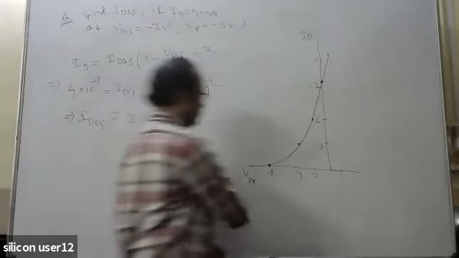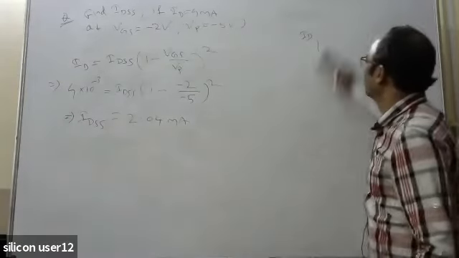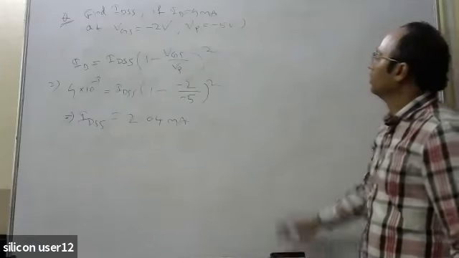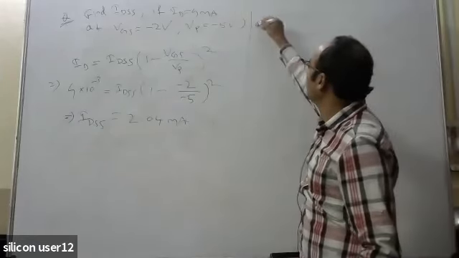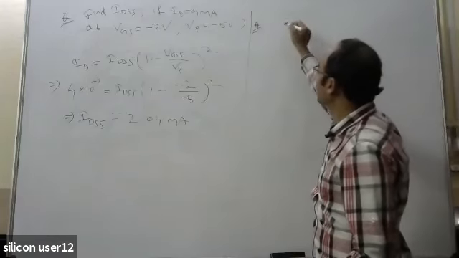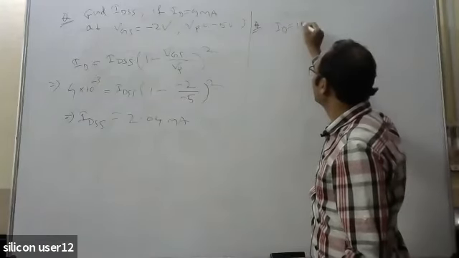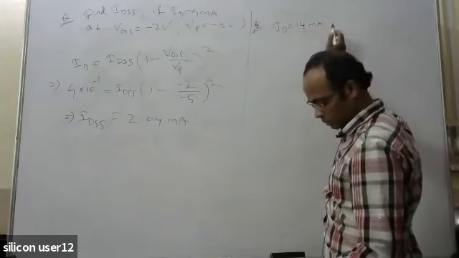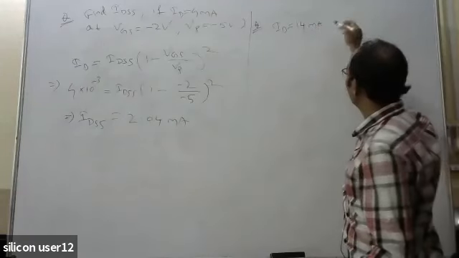Another problem. ID is given as 14 milliampere at VGS equal to 1 volt.